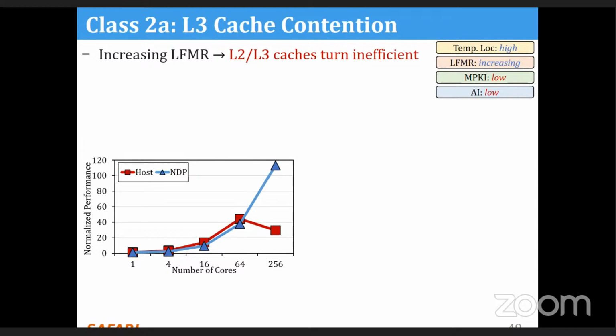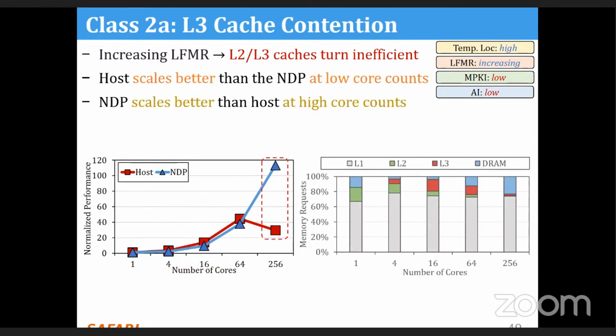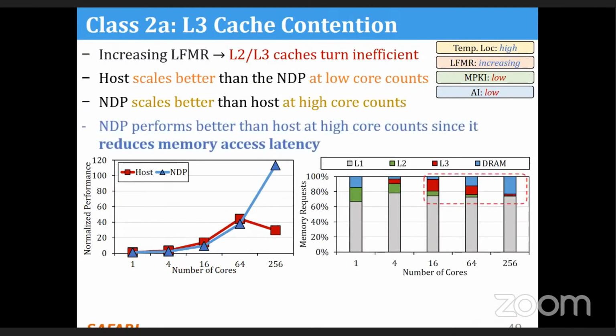So here, the more cores, the more conflicts we have in the cache, and that's what degrades the performance of the host. And that's why NDP maybe in the beginning is not that good, but at some point it's better to use processing in memory rather than the processor-centric approach. So that's what you can essentially observe here.